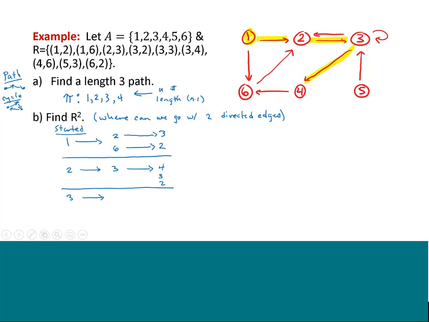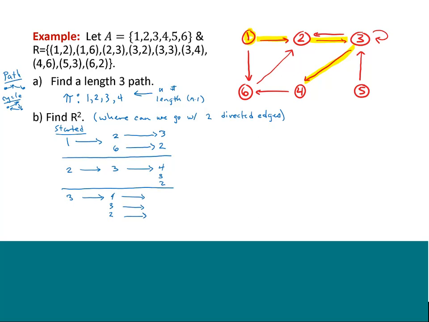All right, so if we start at vertex 3, where could we go in one step? So with one edge. Yep. We could go to 4, we could go to 3, or we could go to 2, and then we have to figure out what we're going to do with those at those 3 new vertices.